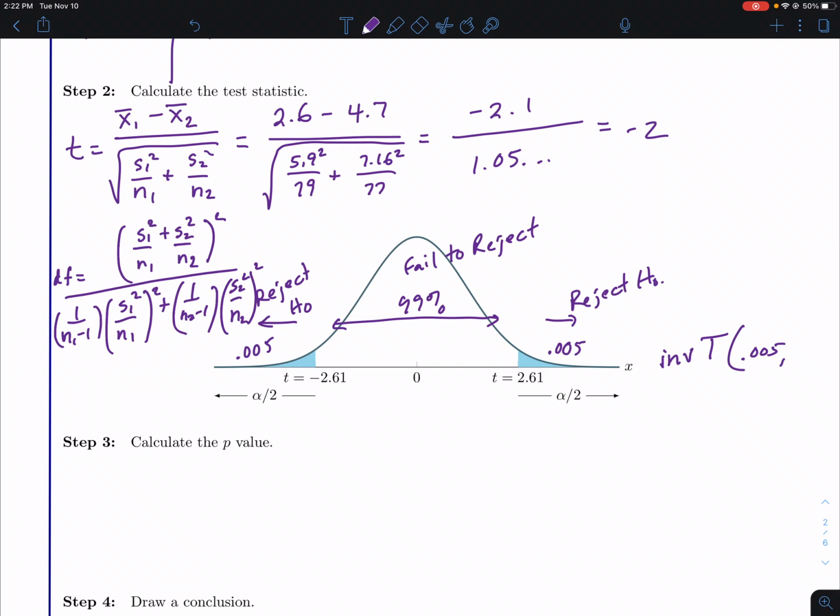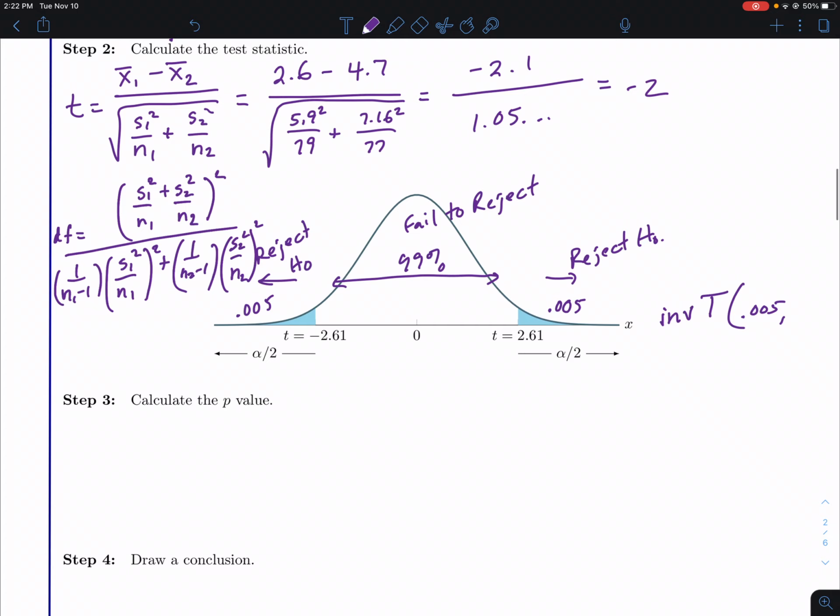All right, so let me write in what we've got first, so hopefully I don't have to keep flipping back and forth 100 times. Our degrees of freedom is going to be 5.9 squared over 79 plus 7.16 squared over 77, all squared.